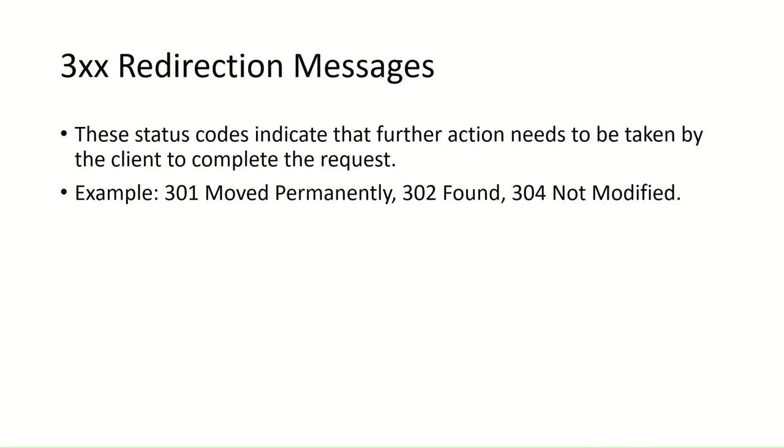Here are examples of redirectional HTTP status codes: 301, which is moved permanently, 302, which is found, previously it was moved, and 304, which is not modified. One by one I am going to discuss these important status codes from the 3xx family.